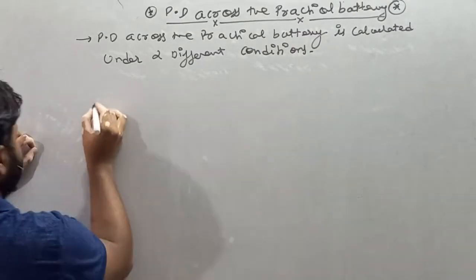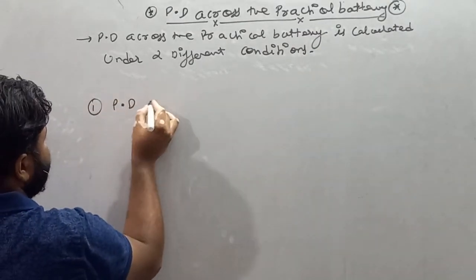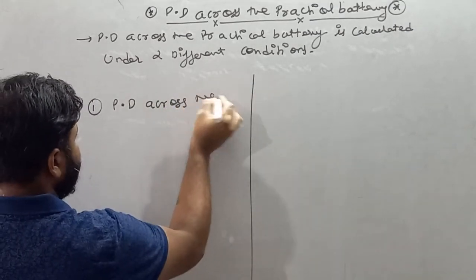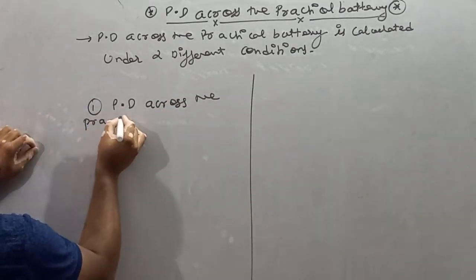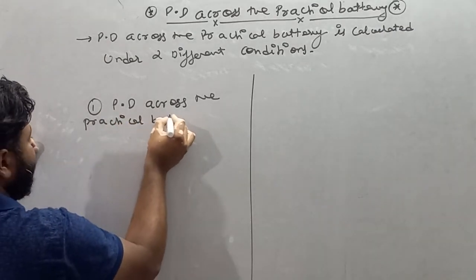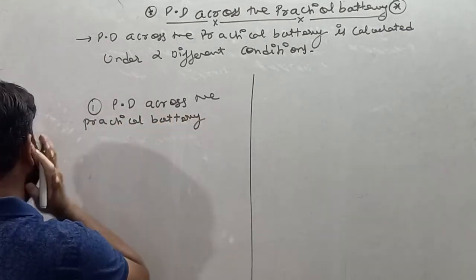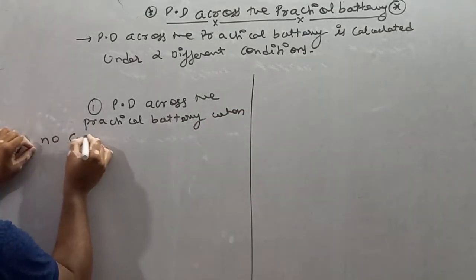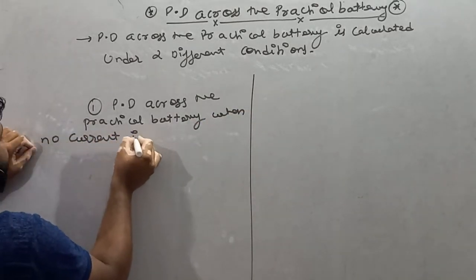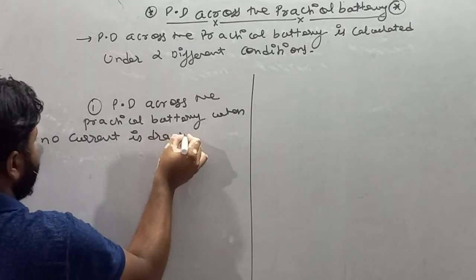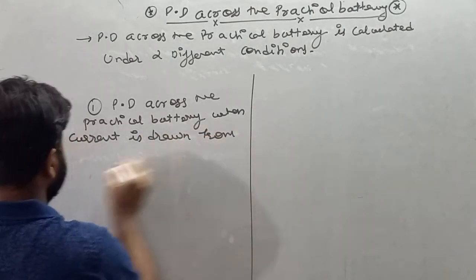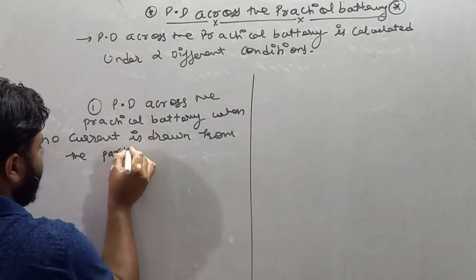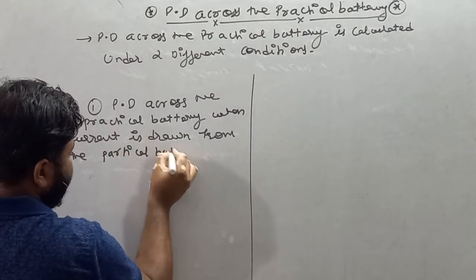The first condition is the potential difference across the practical battery when no current is drawn from the practical battery.